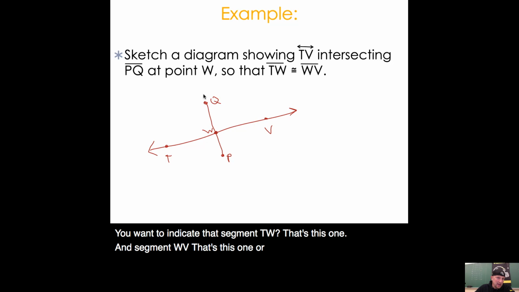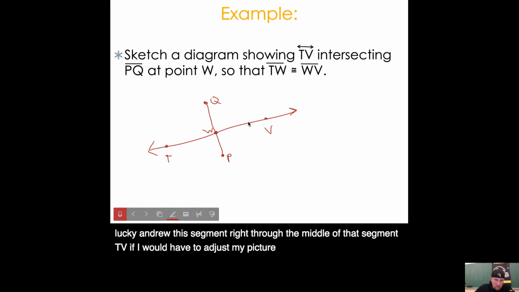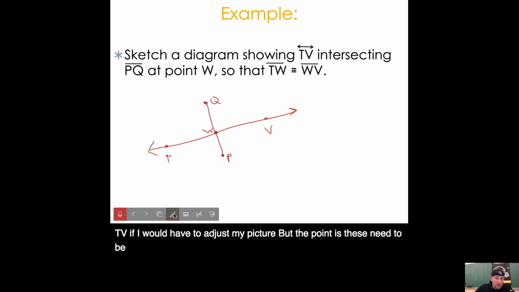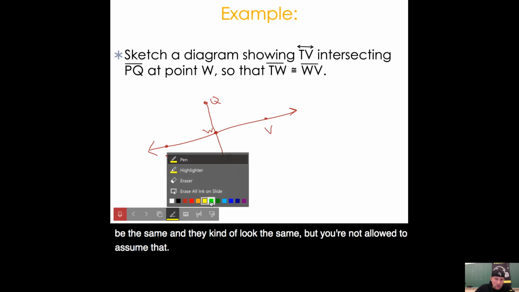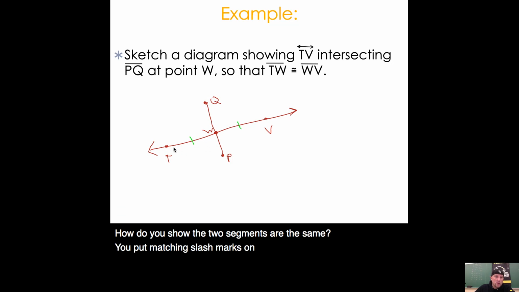So I just kind of got lucky and drew this segment right through the middle of that segment TV. If I didn't, I would have to adjust my picture. But the point is, these need to be the same, and they kind of look the same, but you're not allowed to assume that. How do you show the two segments are the same? You put matching slash marks on them. So now we know segment TW is congruent to segment WV. That's what that looks like.